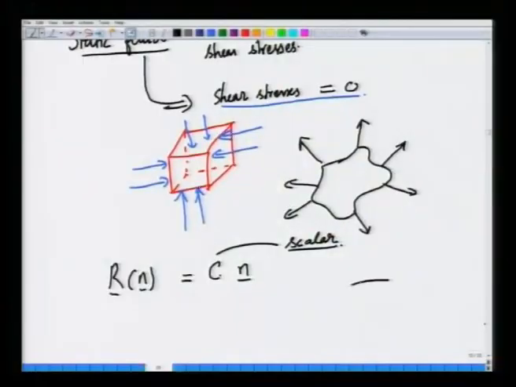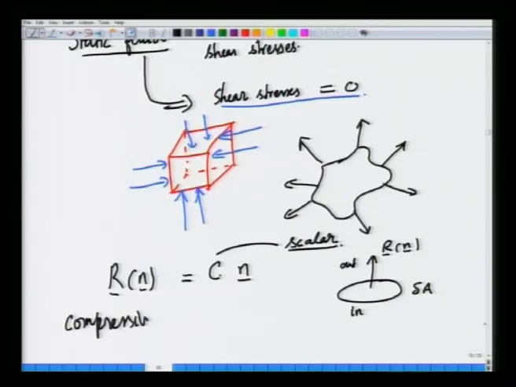If you take a surface area delta A in a static fluid and you ask what is R, the force exerted by the fluid that is present outside on the fluid that is present inside, it has to be in the direction of n. It has to be purely normal to the surface element. Usually, it turns out that this normal force in a static fluid is compressive.